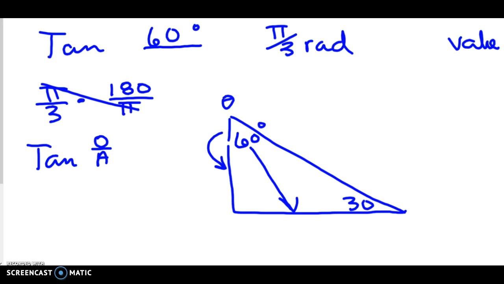So let's go back over those ratios. Opposite of 30 is 1. Opposite of 60 is the square root of 3. And we know the hypotenuse to be the largest value, 2. So tangent of 60 degrees would be defined as opposite, square root of 3, over adjacent, which is 1.